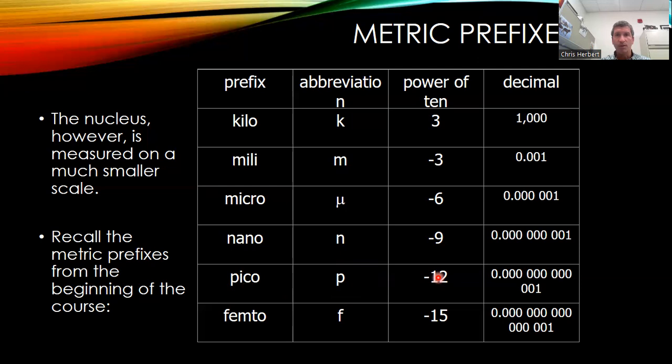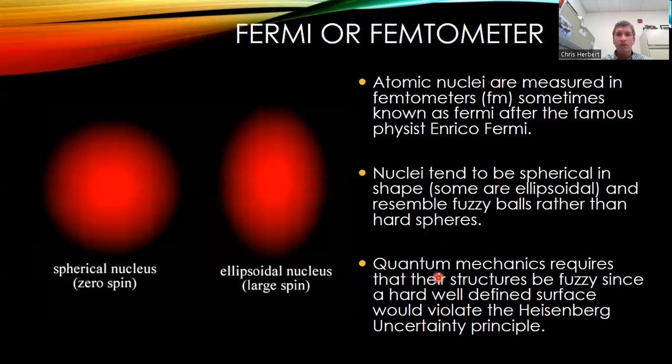The volume, of course, goes by the radius cubed, so the volume of the nucleus is basically 10 to the minus 15 in terms of the fractional volume of the total atom. So nuclei are typically measured in femtometers.